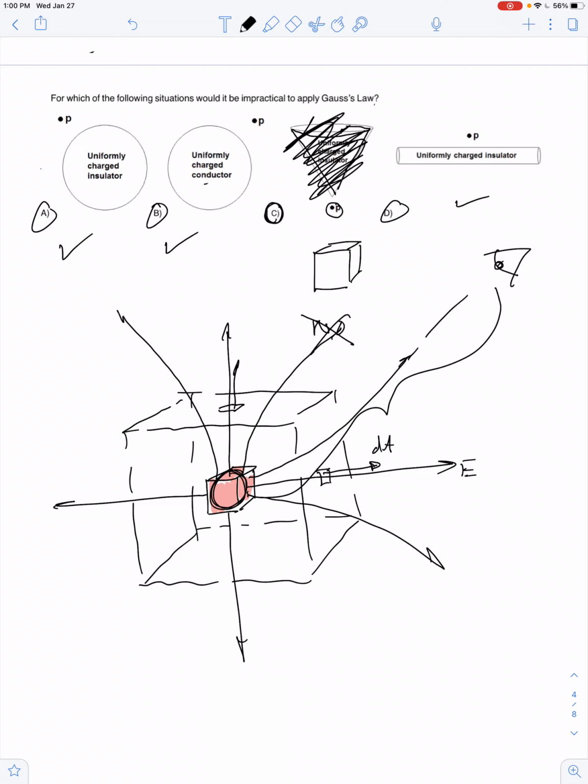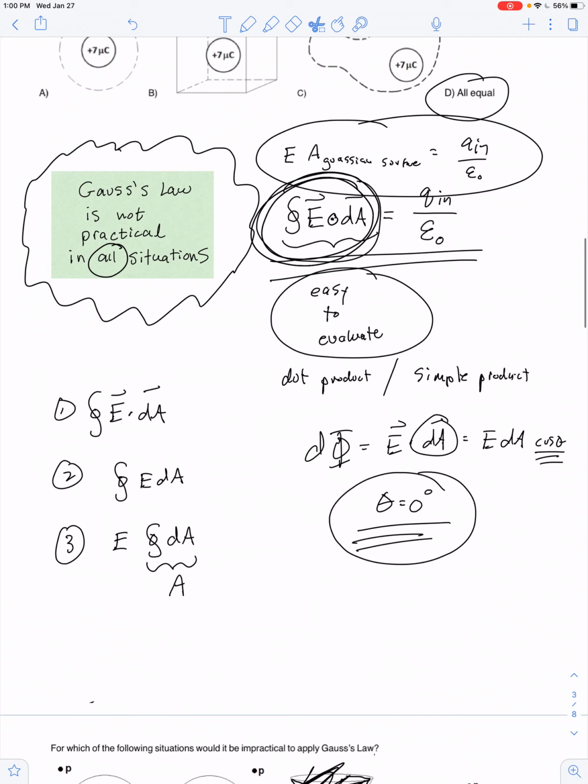It starts to look like a little pinpoint, and the field lines will all look like they're just coming away from the center of charge. Anyway, this electric field line and this little bit of area are not at an angle of 0 degrees. So, like I say, Gauss's law is not practical in all situations. And it's going to take some trial and error and some practice on your part to recognize when it is practical and when it's not.